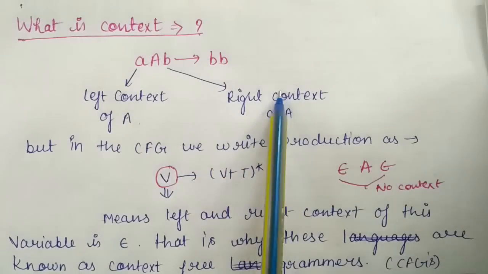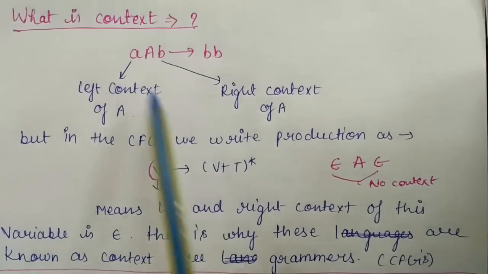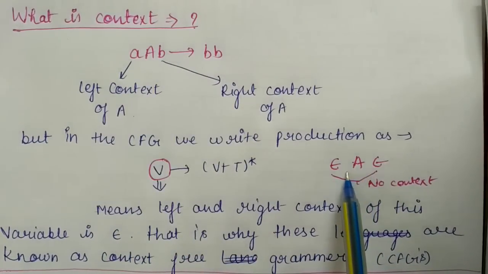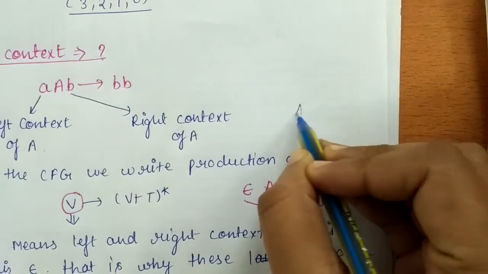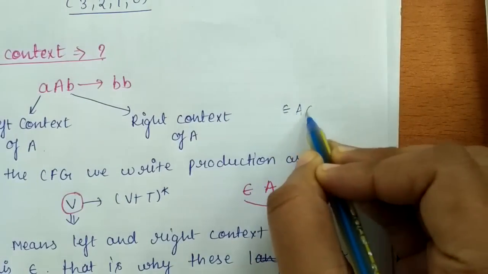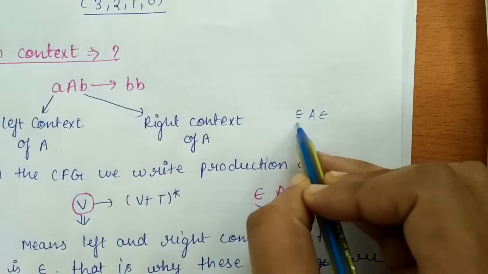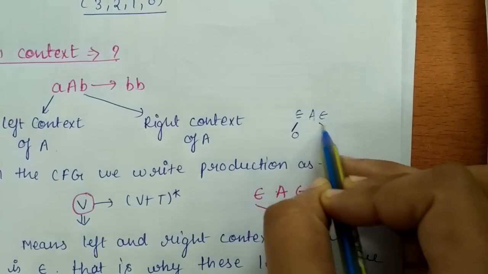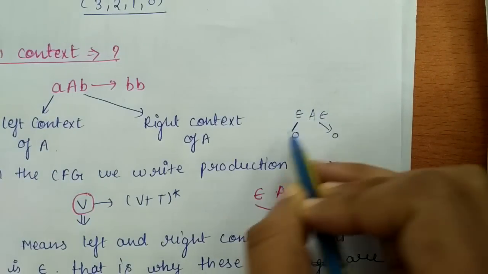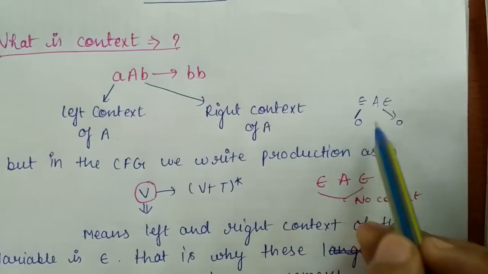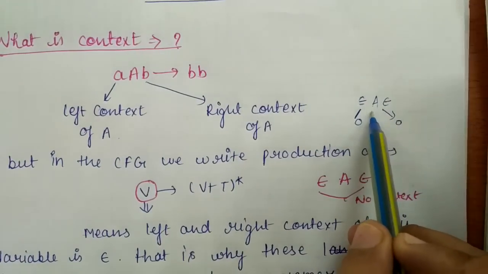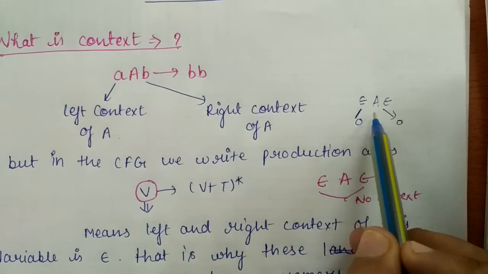Now if you write a production in which you write A and there is nothing on the left and nothing on the right, then the left context is 0 and the right context is also 0.